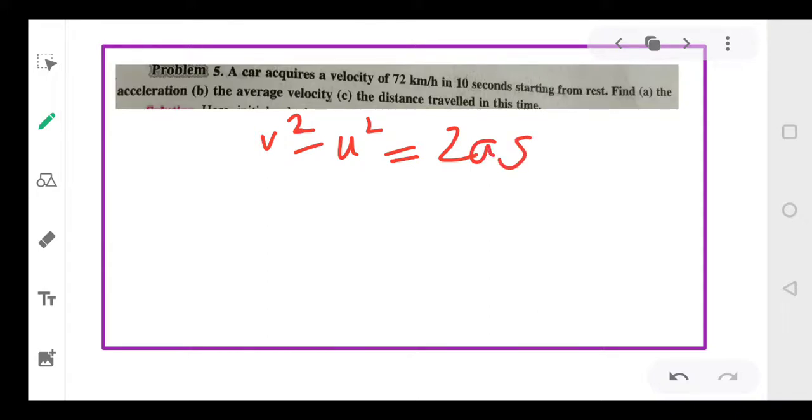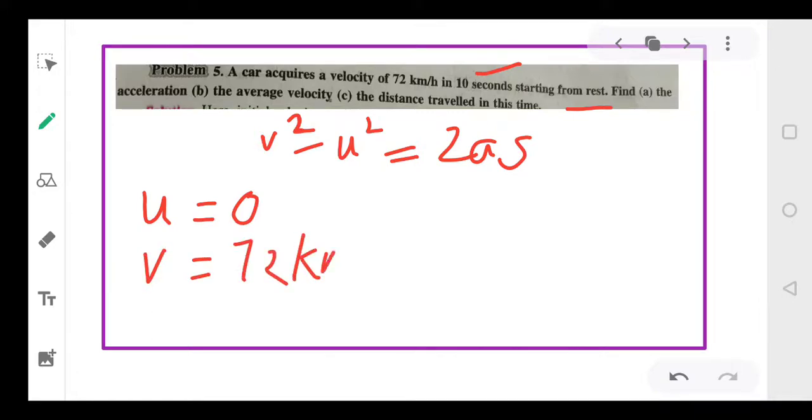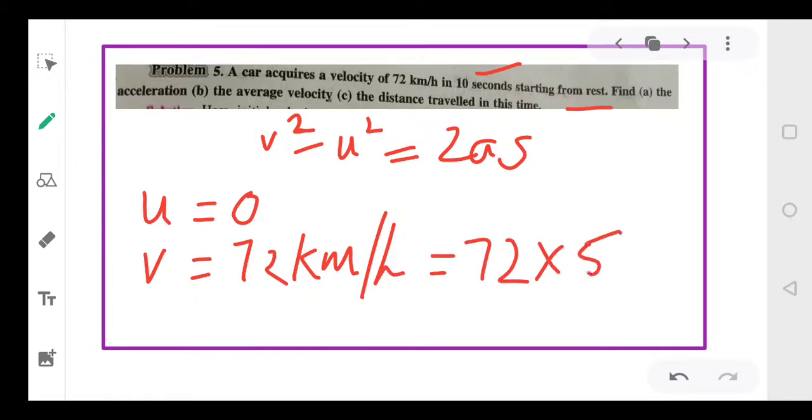Now let's see your numerical. A car requires a velocity of 72 kilometers per hour in 10 seconds from rest. See, the object was at rest, so u is 0, okay, and your v is 72 kilometer per hour. Now convert it into meter per second, so 72 into 5 by 18.